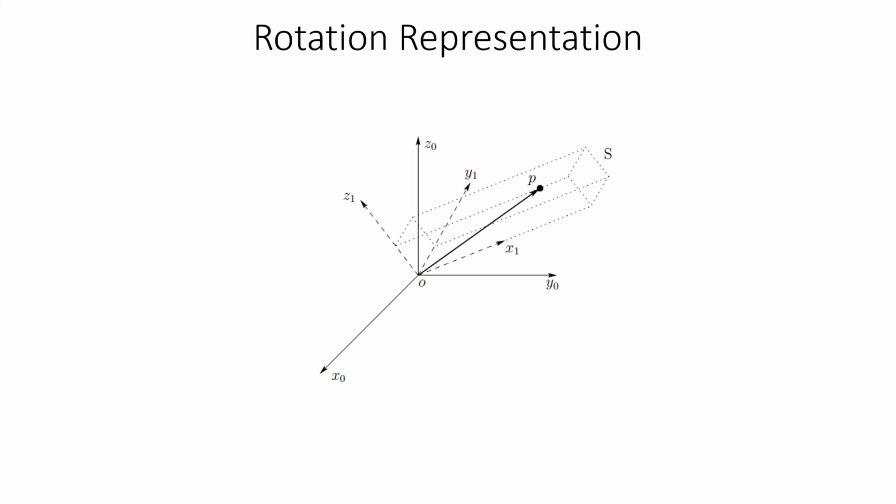So I'm interested in finding out the location of this point P with respect to 0th frame, given you know the location of point P in frame number 1, which is the body attached frame. In that case, obviously you can use the concept of rotation because in this particular scenario, only rotation is happening.